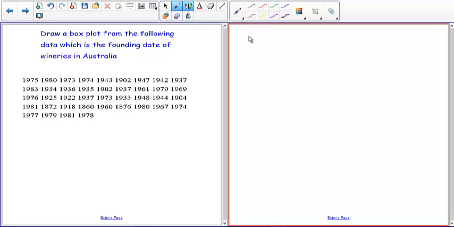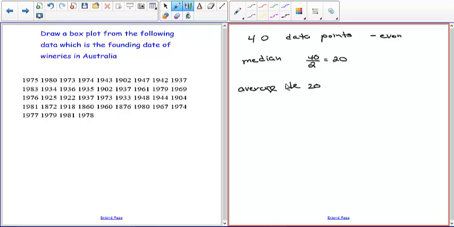So here we go. We've got 40 data points, which is even. So to find the median, we take 40 divided by 2, which is 20. So what we do is we average the 20th and 21st data point.